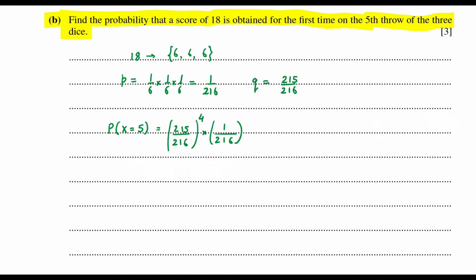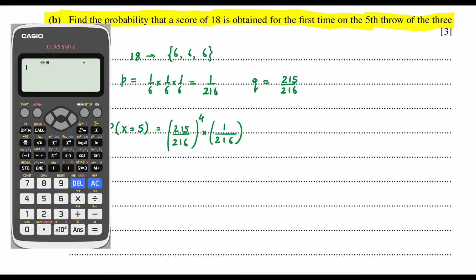So it is 215 over 216 to the power 4, multiplied by 1 over 216.